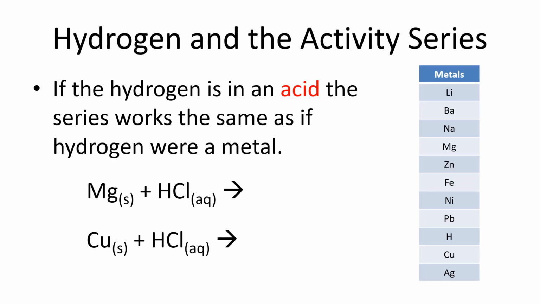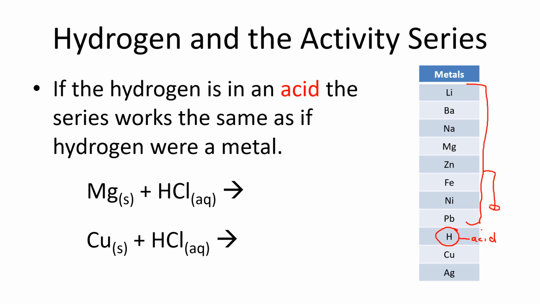So you'll see that hydrogen is also a part of this activity series that includes mostly metals. So hydrogen follows a few slightly different rules. As you can see on this list, there's an awful lot of metals that are above hydrogen. And as long as hydrogen is in an acid, well, then they can all displace it, right?